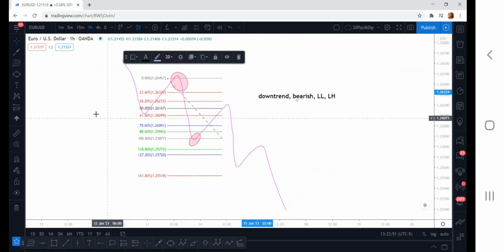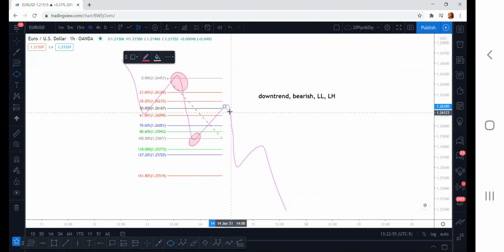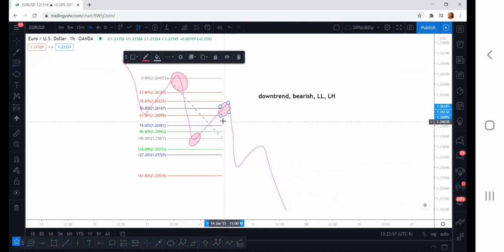In this instance, with what I drew out, the market pulled back to 50%. And when you see these extension levels, the 118, the 127, the 161.8, it helps you oftentimes determine your take profit areas. So past the swing, pullback, take profit.